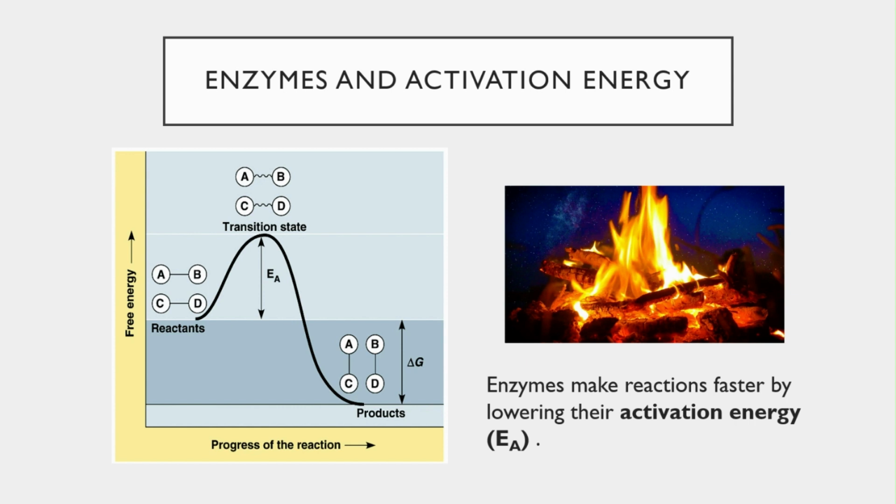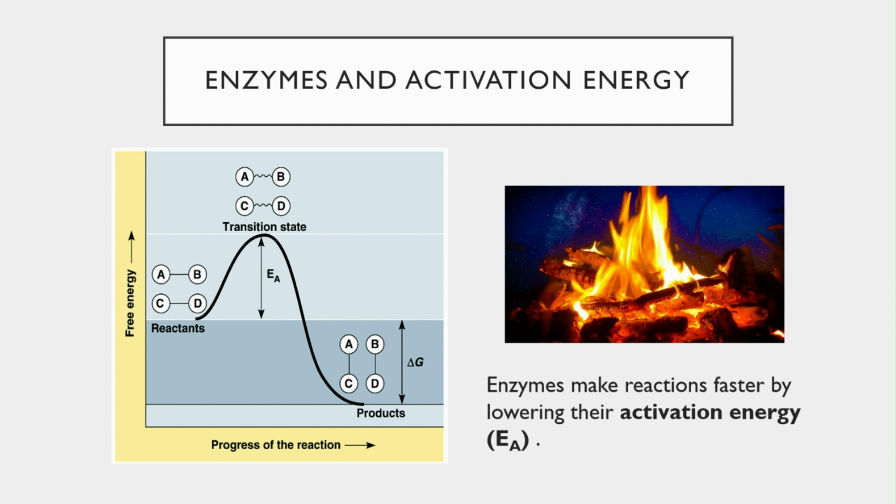To better understand this concept, we can draw what's called a reaction coordinate, as seen on the left here. The reaction coordinate tracks the process of a reaction. So we can see in the bottom, here's the progress of a reaction in relation to the energy in the chemicals, right here, free energy. And it includes the reactants, a transition state of reactants, and products.